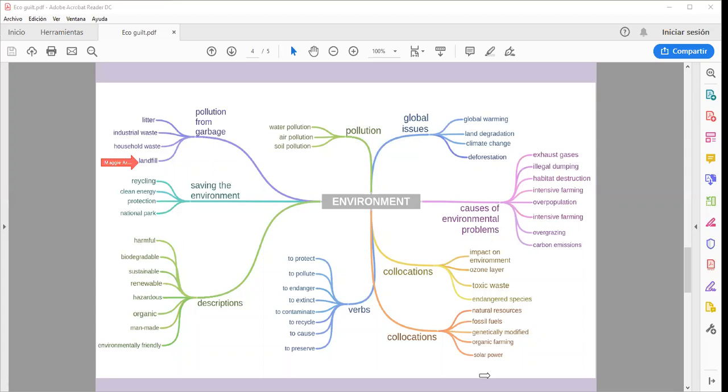Do me a favor. Háganme un favor. Write in the chat where you are from and if in your community there is a landfill. Vamos a escribir en el chat de dónde son y si en su comunidad hay un relleno sanitario. Okay? Of course, let's do it in English.